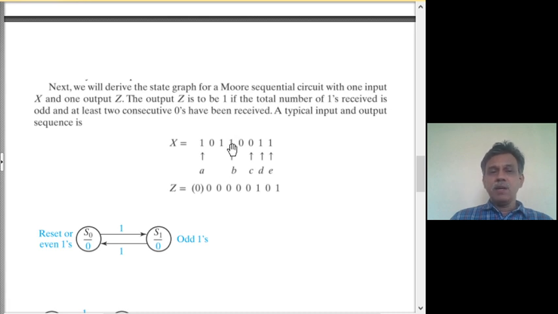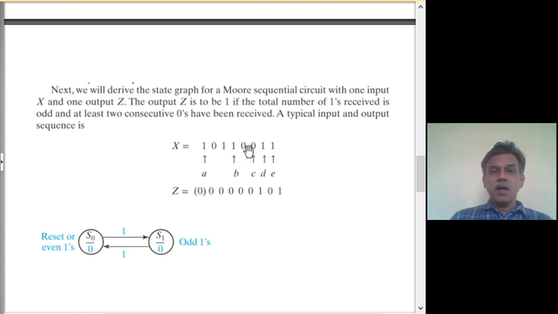Again a 1, it becomes odd, 1, 1, 1, odd. So that is B. Again we produce a 0, this becomes again odd. Now let us say 2 zeros have occurred, this condition is met. Now as soon as 2 zeros have occurred, you don't need to wait for a 1 to occur.